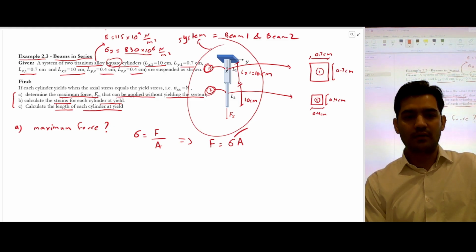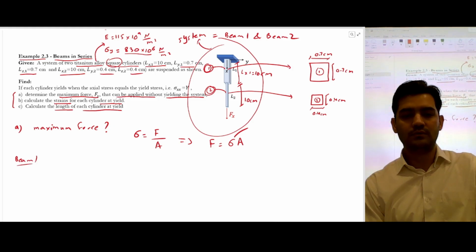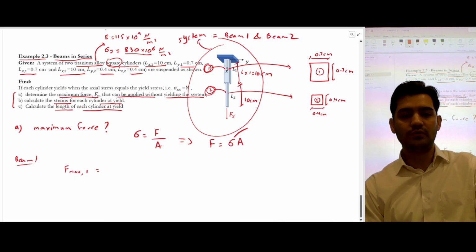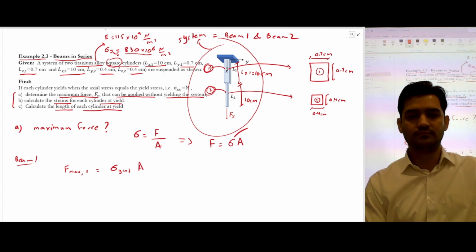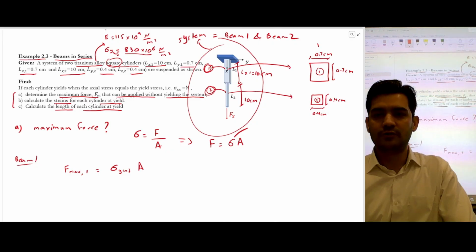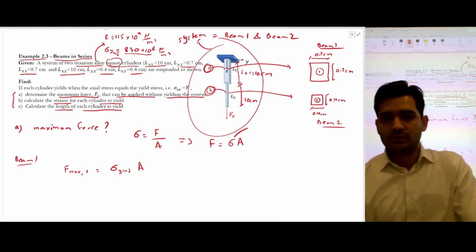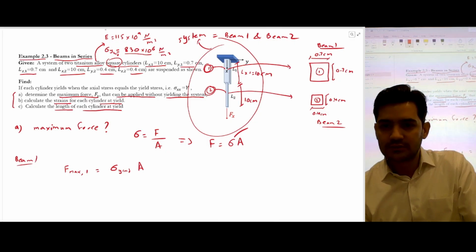So let's talk about beam 1. So F maximum force for beam 1 would be equal to yield stress into area. I'm gonna draw this section here.